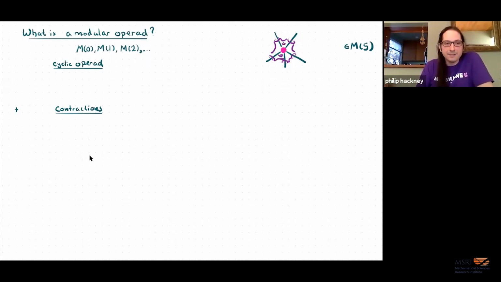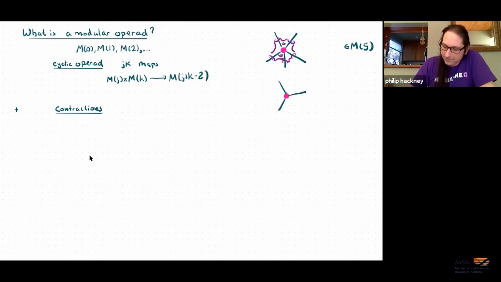And so there's two kinds of structure that I really want to emphasize. The first is a sort of cyclic operad structure. That amounts to having j times k maps from M_j times M_k to M_{j+k-2}. If I draw another one of these, this one's in M3, and maybe I'll put a little surface there as well.